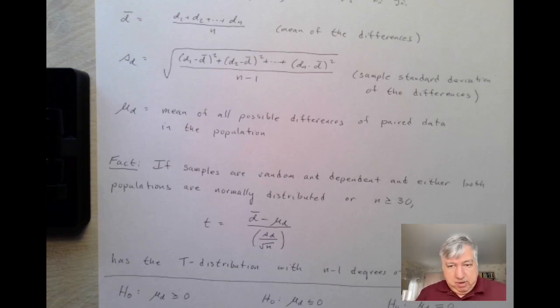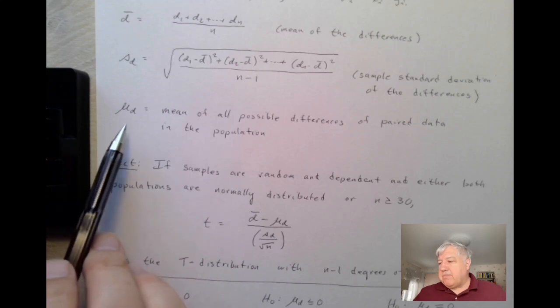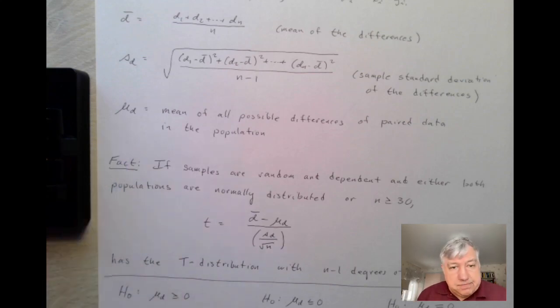So going back to our diet example, if we were to take all possible people who went on this diet program and we subtracted their before weight minus the after weight, then this would be the average of all those differences. So that's the parameter. And when we're testing a claim, the claim will be a statement about this mu sub d, this parameter here.